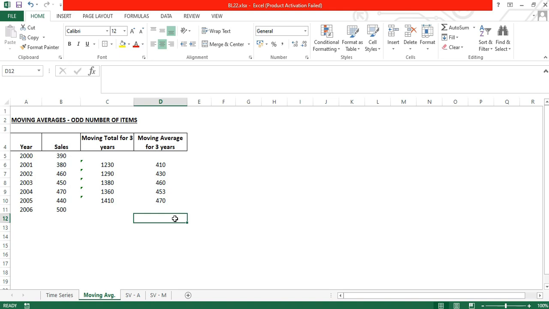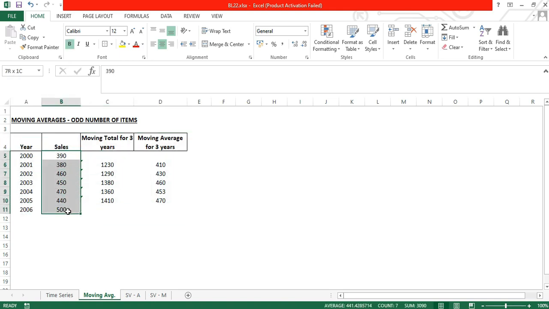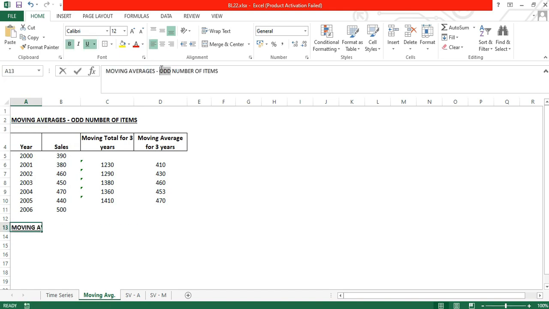But remember, this method is followed only if the period is an odd number. Remember that. Now let's see how to calculate for even numbers, that means numbers that can be divided by 2.